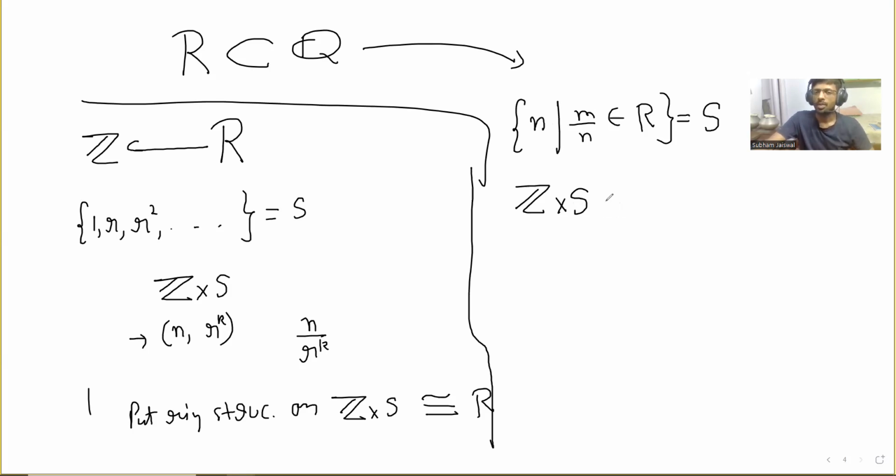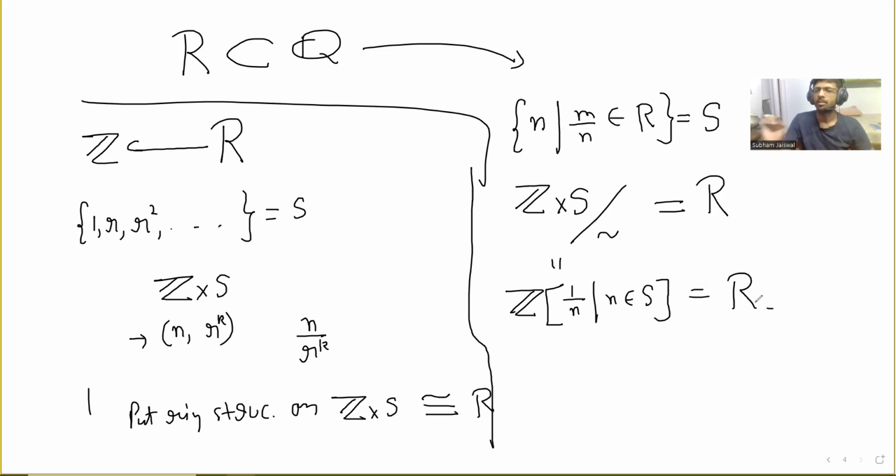So this, with the appropriate relations, is basically R. So this is 1 by n where there are multiple of them. All these things are the same. You may have to prove the things, but that's how it will turn out.